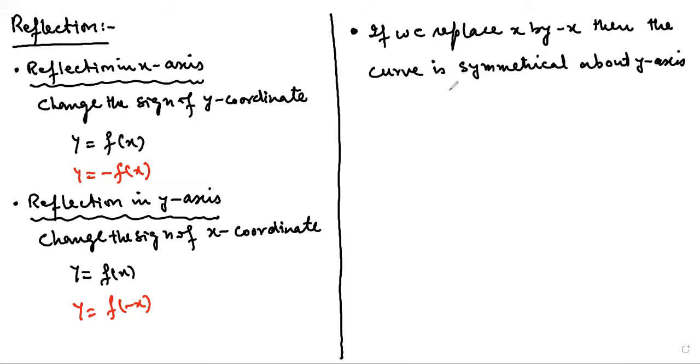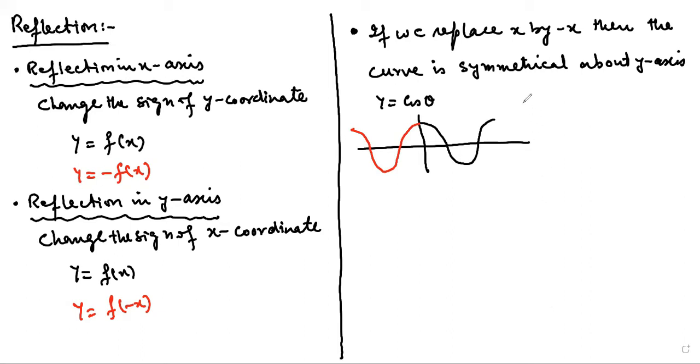I can give you an example of this. y is equal to cos theta. The graph of cos theta is this. If we extend this graph backwards, then this one is the portion before y-axis.